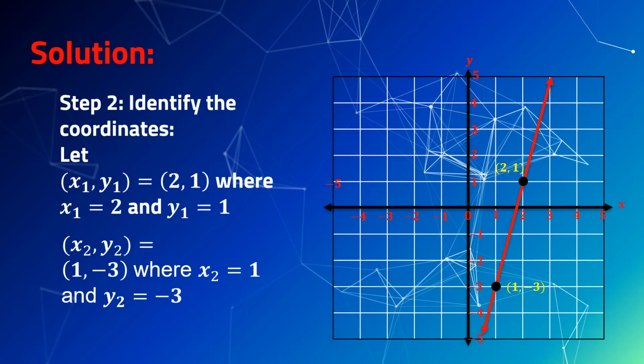This means this is the first point and this is the second point, represented by those corresponding variables. If you want to interchange them, so that this is your first point and that is the second point, that is also correct.